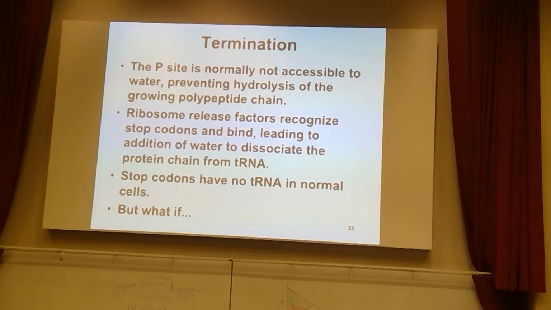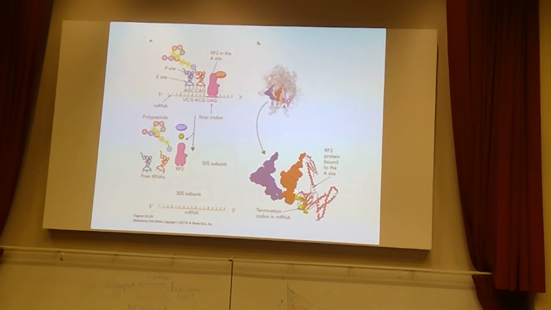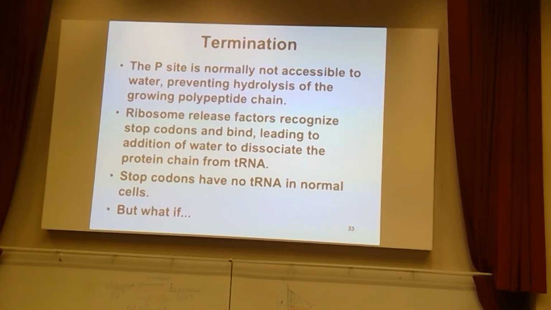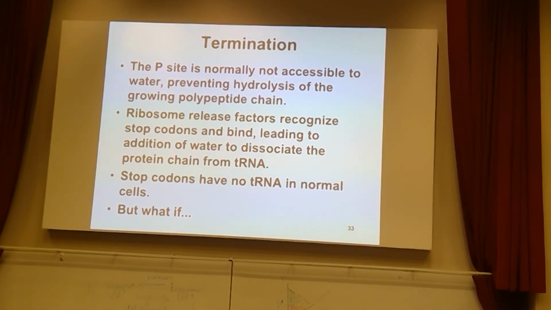And now that we have actual structures, we can see the release factor 2 bound into the A site, recognizing the termination codon. Pretty cool. Great. So we've completed our polypeptide synthesis. The ribosome release factors recognize the stop codons and then disassociate the protein chains. And that happens because the stop codons have no tRNA in normal cells.